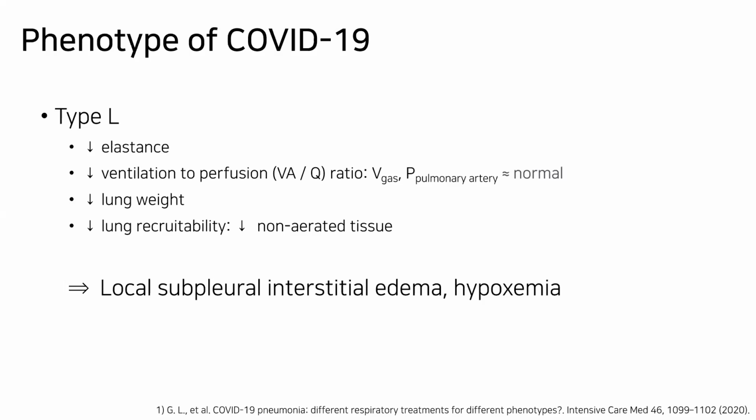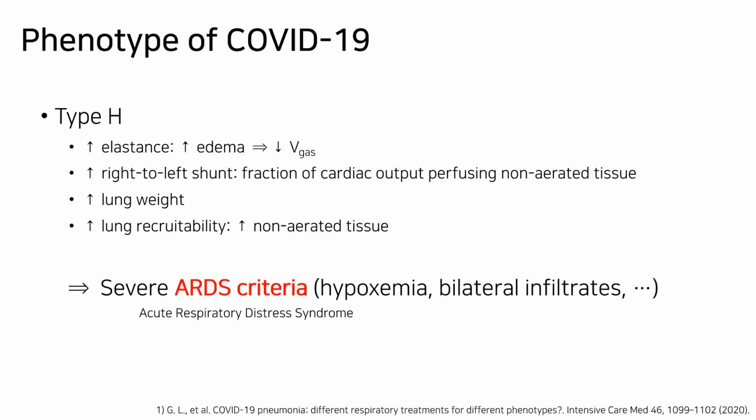Type L could have some small local subpleural interstitial edema, but that is not related to whole lung disease, while type H has severe symptoms and can damage the whole lung. I will show you the CT picture in the next slide.